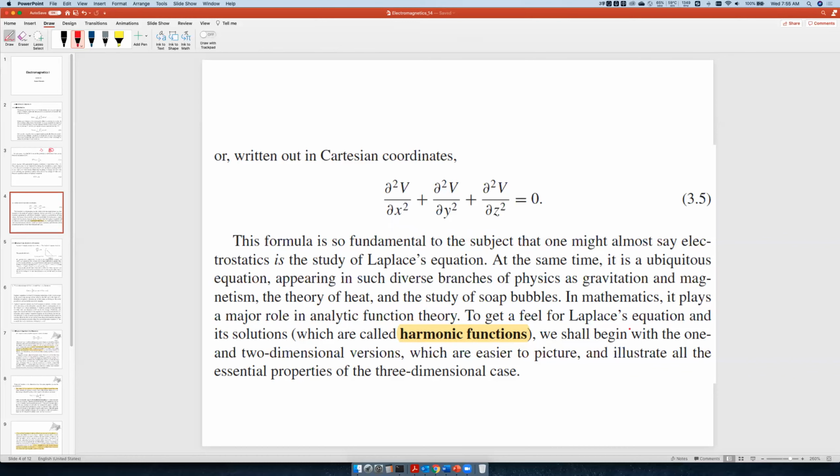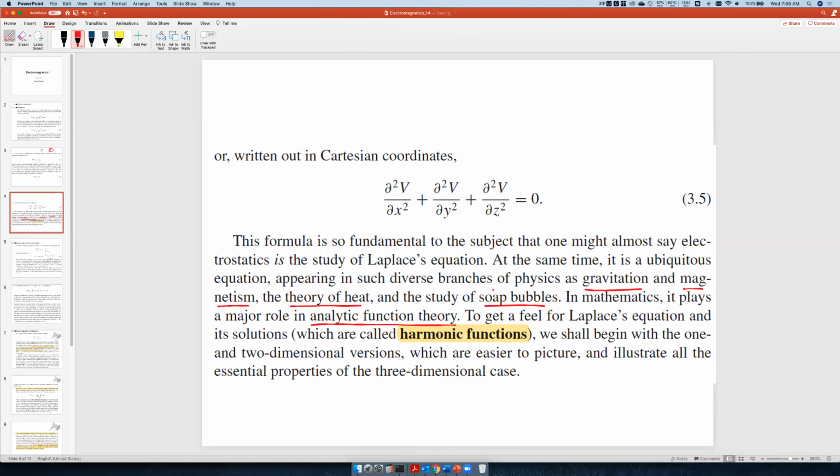For example, in calculations of gravity, in calculations of magnetism, in calculations of heat, and in the study of soap bubbles, you all need to use this Laplace equation to do the calculations. And in mathematics, this equation is also important because it plays a major role in analytic function theory.